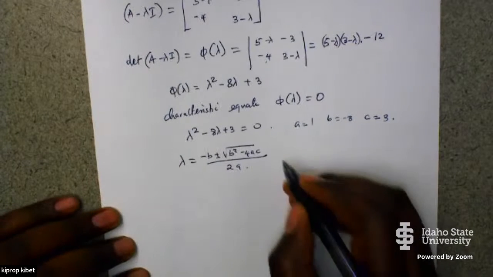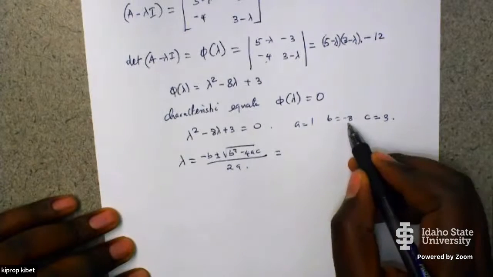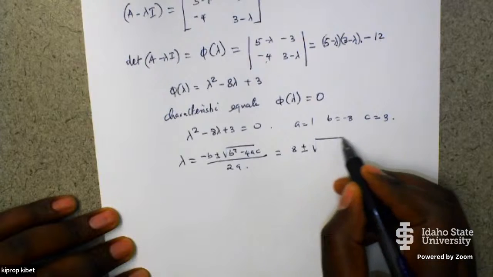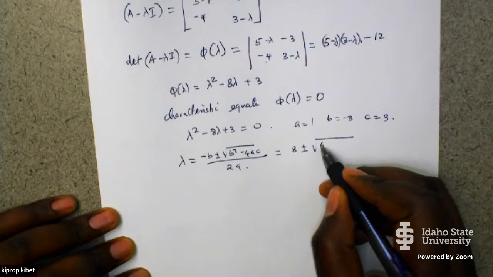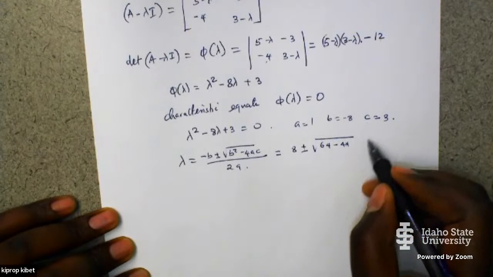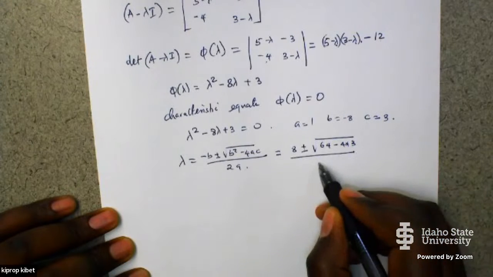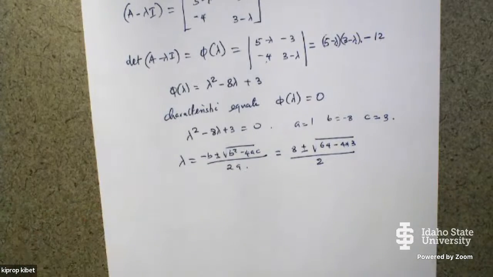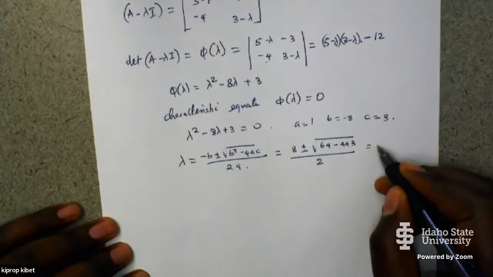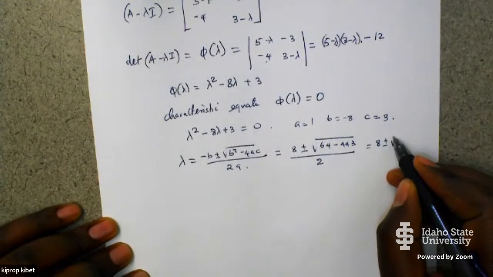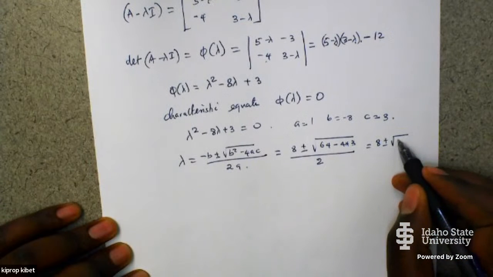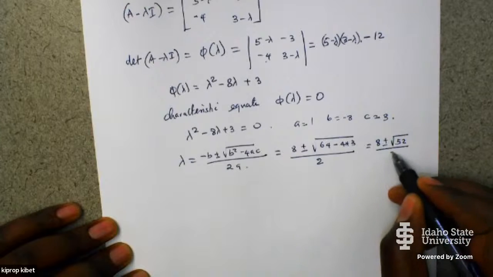If you substitute, it will be 8 plus or minus the square root of 64 minus 4 multiplied by 1 multiplied by 3, divided by 2 multiplied by 1. So finally, you get 8 plus or minus the square root of 64 minus 12, which is 52, divided by 2.